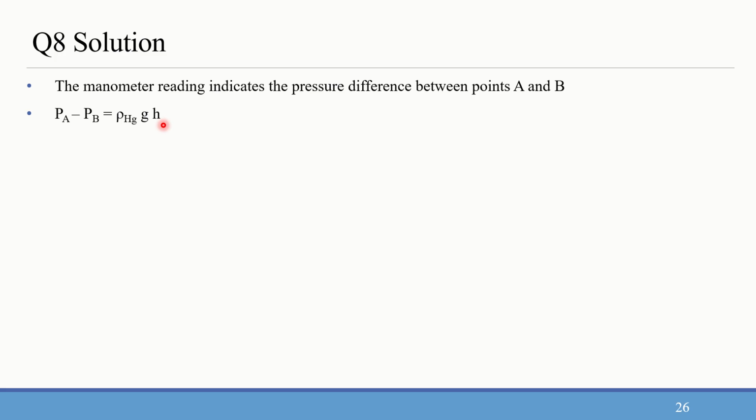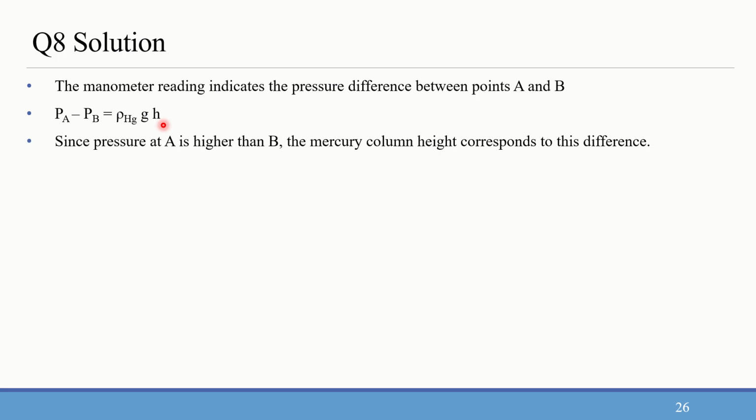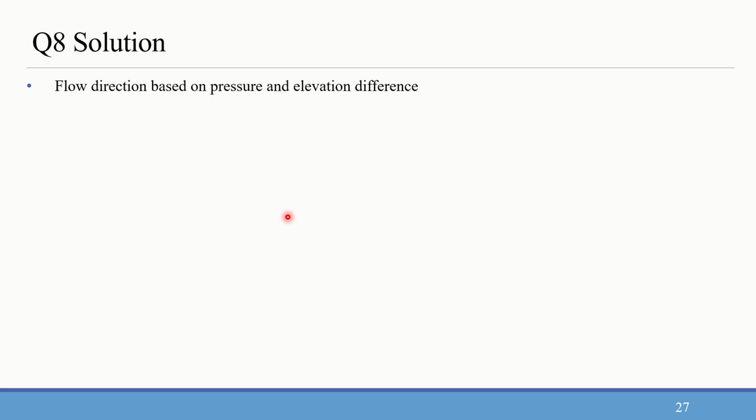So it is 8,672.04 pascals. Since pressure at A is higher than at B, mercury column height corresponds to this difference. And flow direction is based on pressure difference and elevation difference.